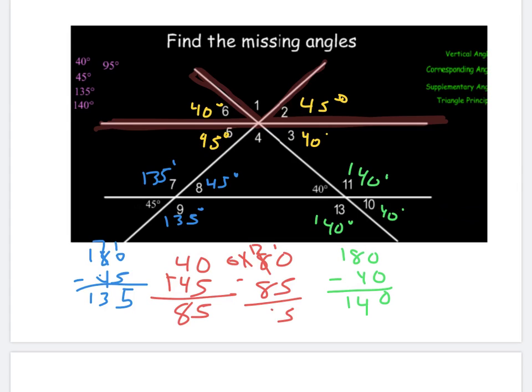So 17 minus 8 gives me 9. So then that angle 1 would be 95 degrees. And then, like I mentioned before, angle 1 and angle 4 are across from each other. They're vertical, so then that would make angle 4 95 degrees as well. So then we have filled in every part of that particular diagram.